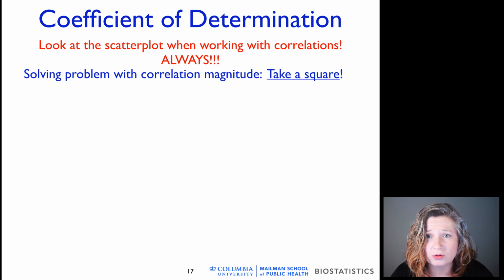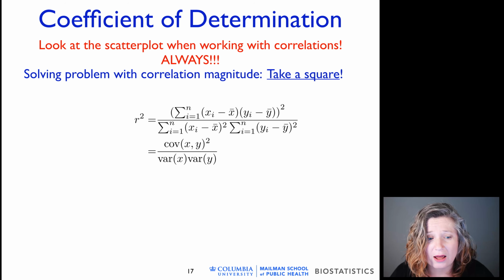So there is a solution to those two problems. We can take the square of correlation. Once we take the square of correlation, what we obtain is the so-called coefficient of determination. The coefficient of determination is a new measure that has better interpretation, and it also behaves better as a magnitude.